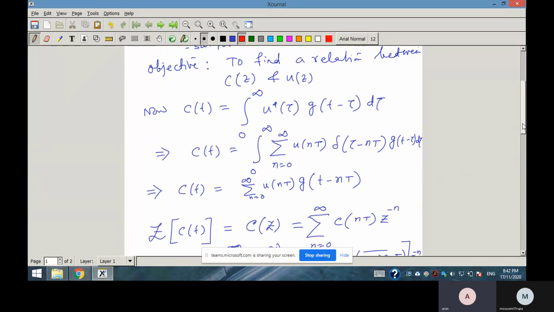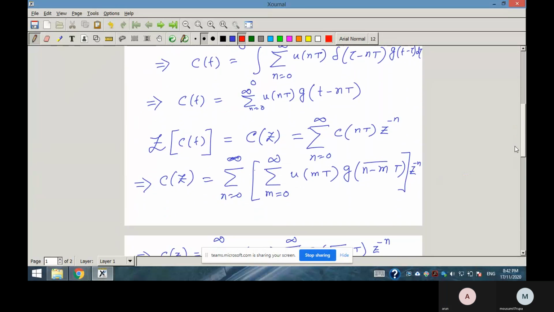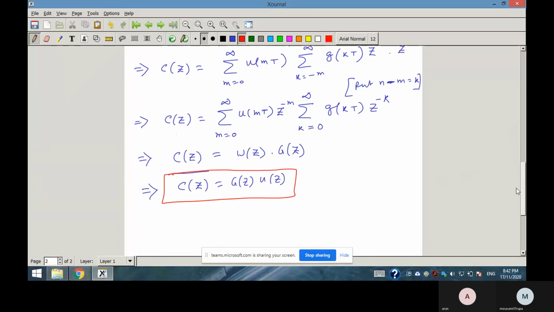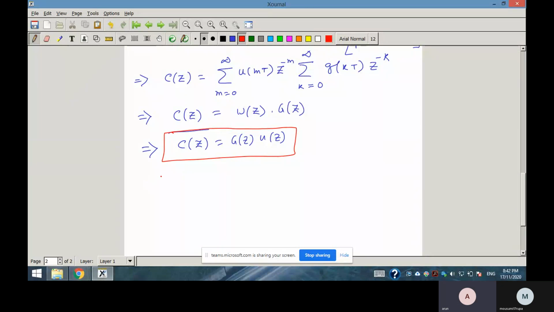That means, as I said, C(z) equals G(z) into U(z). So what is the observation? Observation is this one.